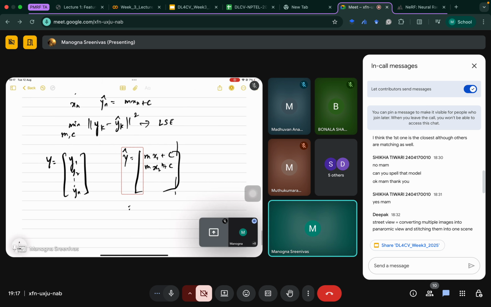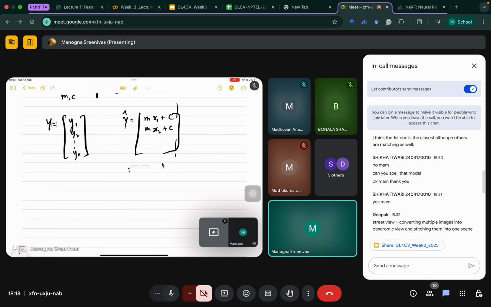Which I can write with x1, x2, up to xn, and I have 1 here.